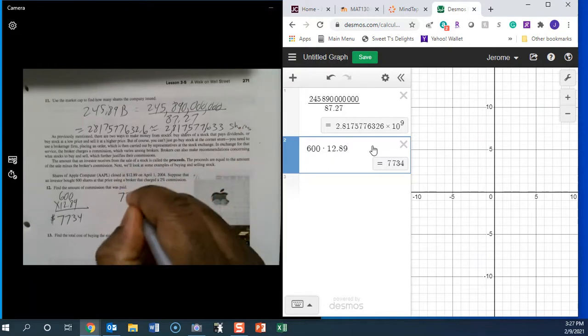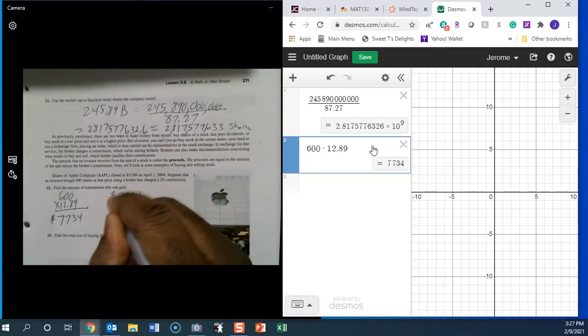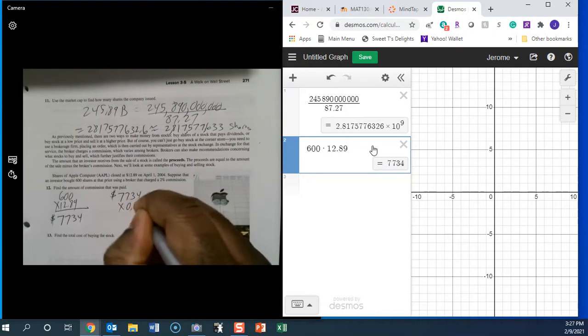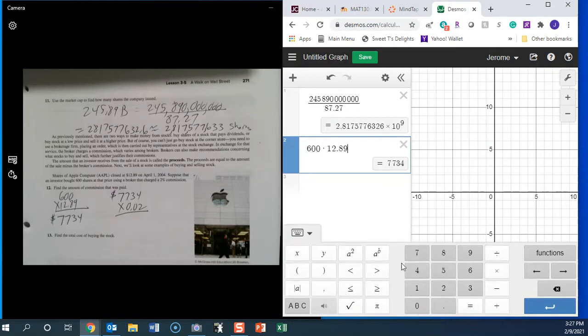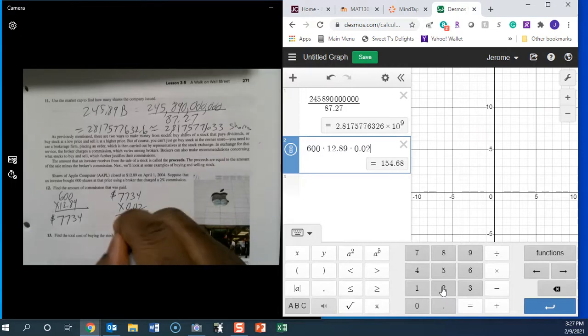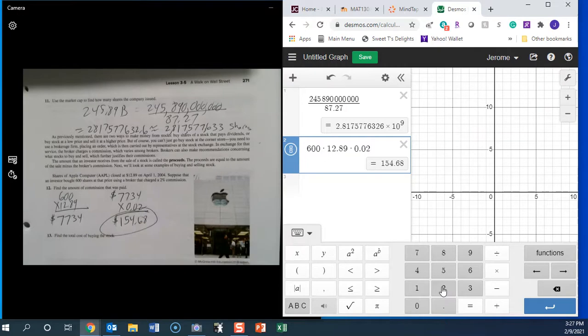So we would take this $7,734 and multiply by the 2%, which is 0.02. And that would be $154.68. That's how much the commission was.